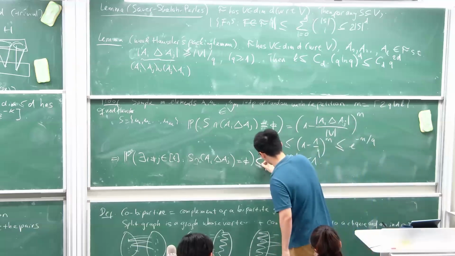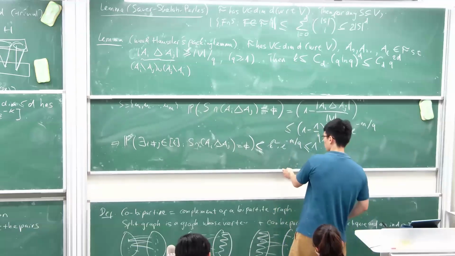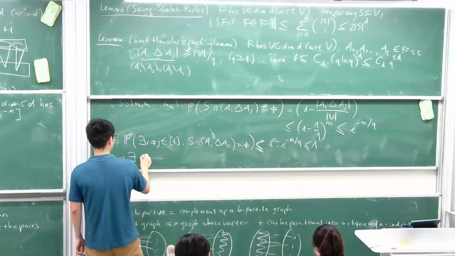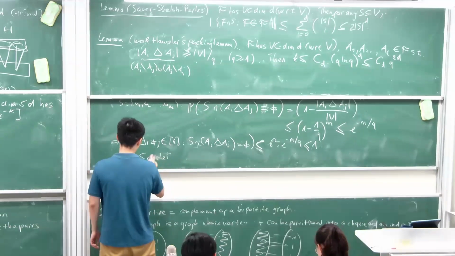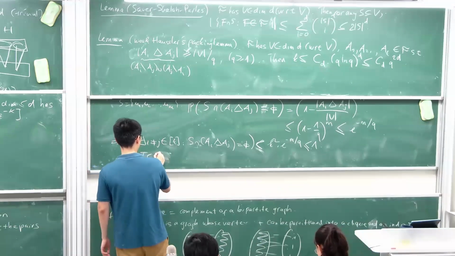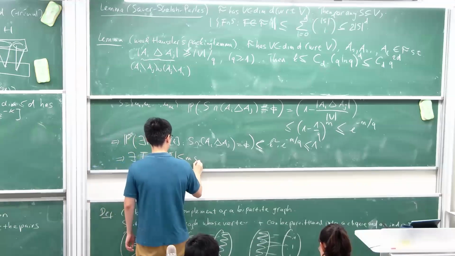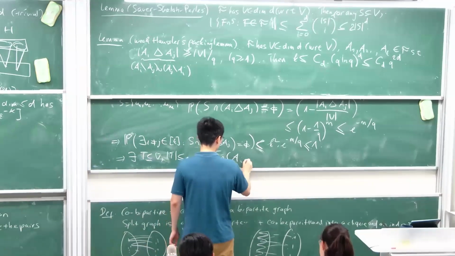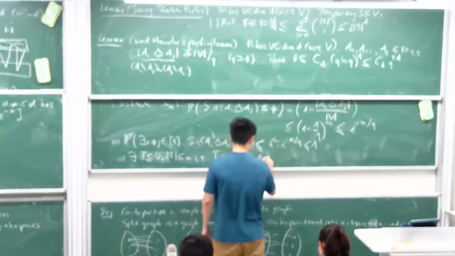What this means is that there exists a set T of size m such that T intersection with all symmetric differences is non-empty.